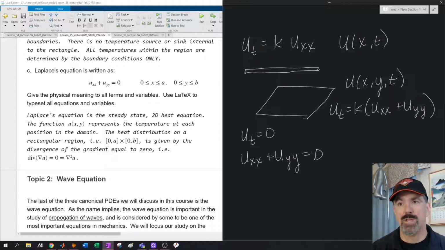So this is really the most basic elliptic partial differential equation, and it has a lot of application, as well as its extension, which is the Poisson equation, where we have some kind of forcing here. So we have an equation that is not homogeneous, and that's called Poisson's equation.